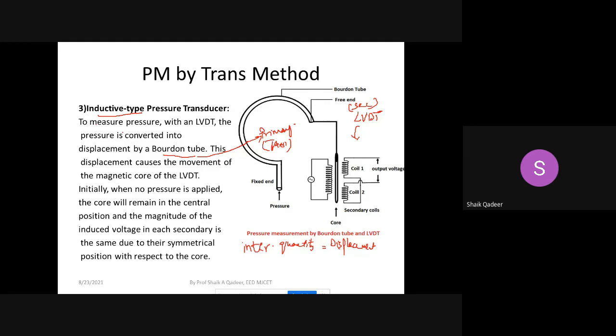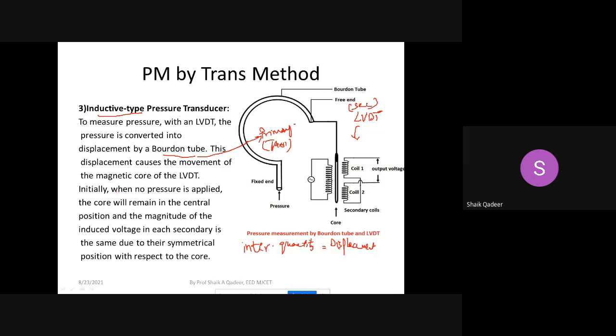To measure the pressure with the help of this setup, the pressure is first converted into displacement using a suitable elastic element, in this particular case a Bourdon tube. This displacement causes movement of the magnetic core of the LVDT.